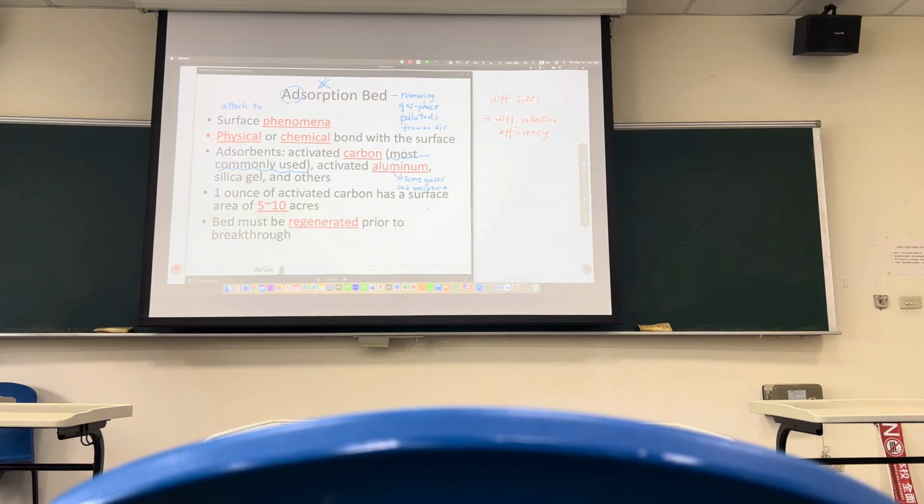And also we can use silica and others for special purposes, like some acidic gases or some polar gases.